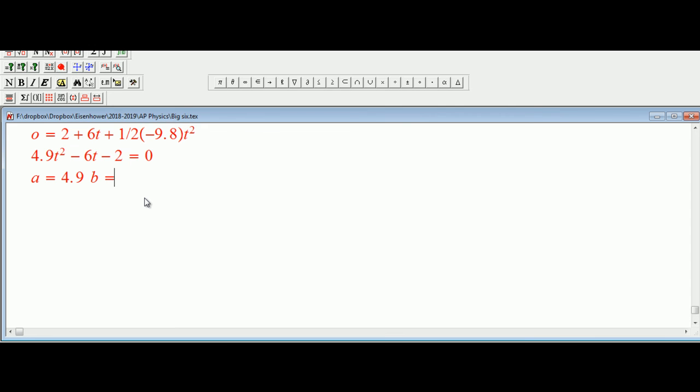My b is equal to minus 6. And then my c equals negative 2.